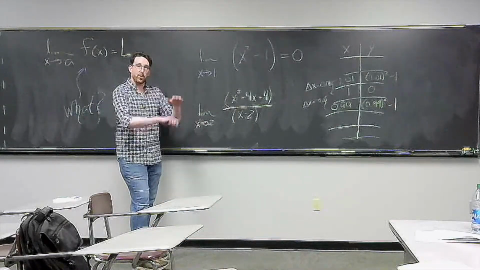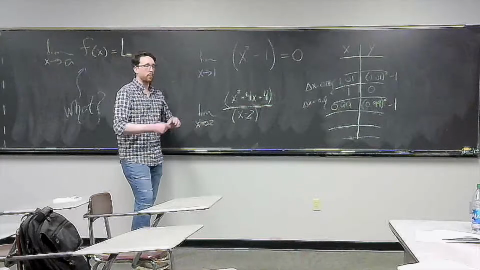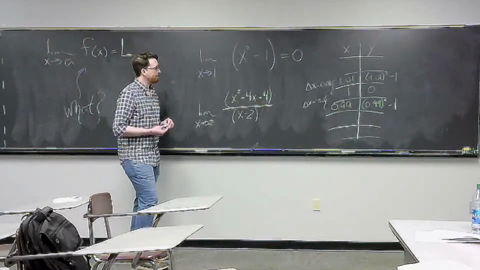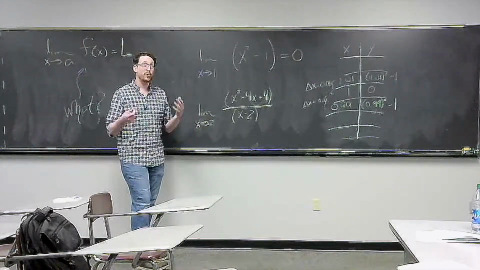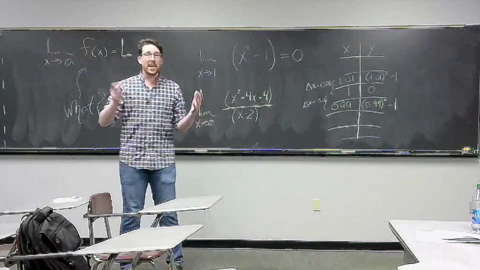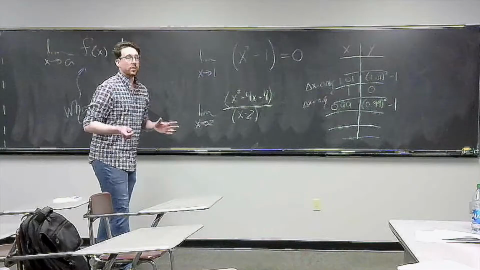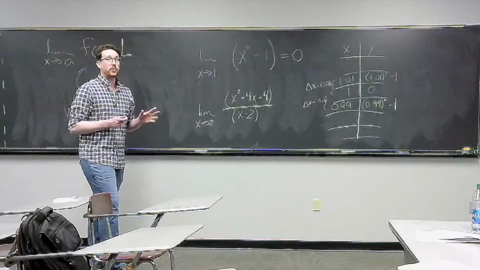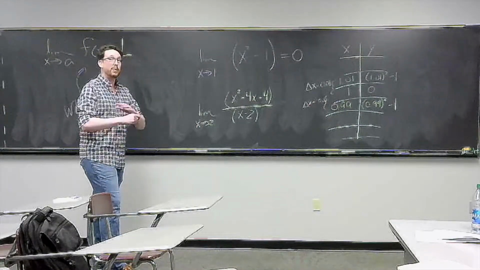You would have to look at what happens from above and from below. And you might be able to reason it out. But there are some functions that get very chaotic looking, that squiggle up and down and do all sorts of crazy things way too fast for a tabular approach to be meaningful.